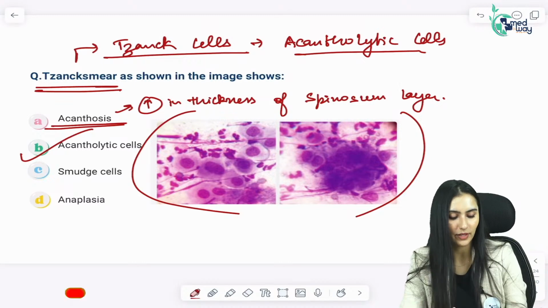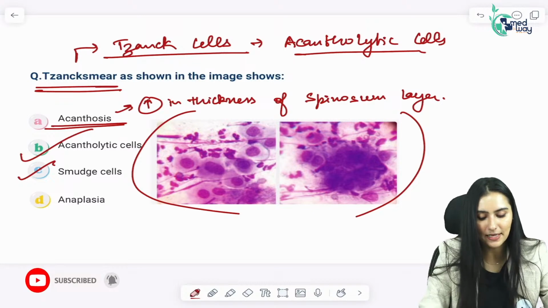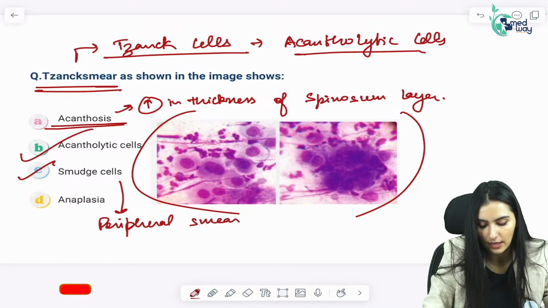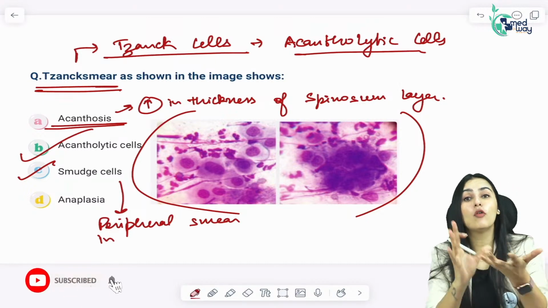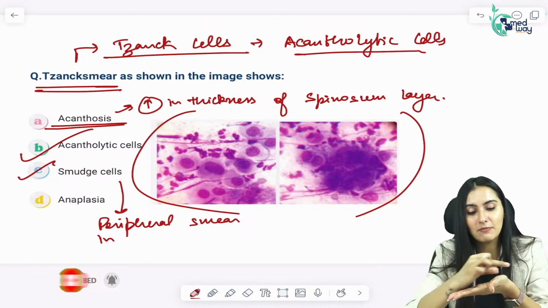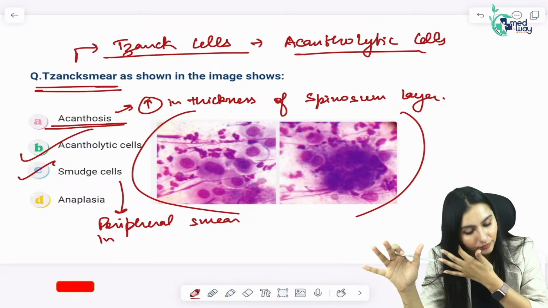Acanthosis will not be seen over here. What are smudge cells? When you make a peripheral smear, your lymphocytes actually get smudged while moving the slide. That is a smudge cell.